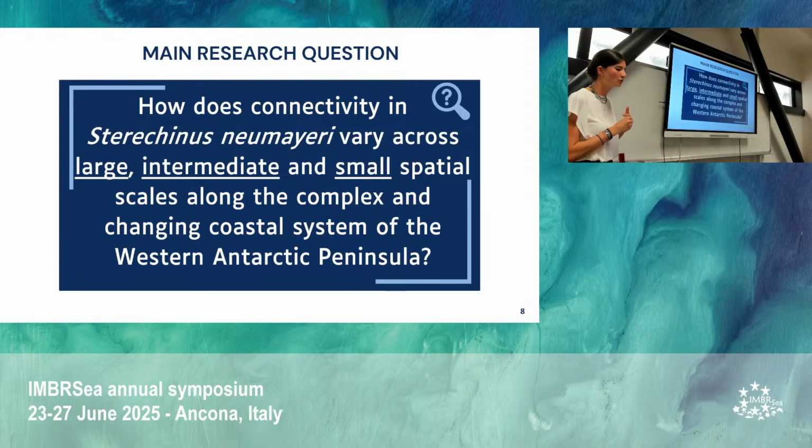But it was also to complement the study in East Antarctica, which used a large spatial scale of 1,000 kilometers and a small one of also a few kilometers. So we decided to introduce a bit of an intermediate spatial scale, even though it's dependent, of course, on the scale we are using, to see a bit more what's happening at an intermediate spatial scale.